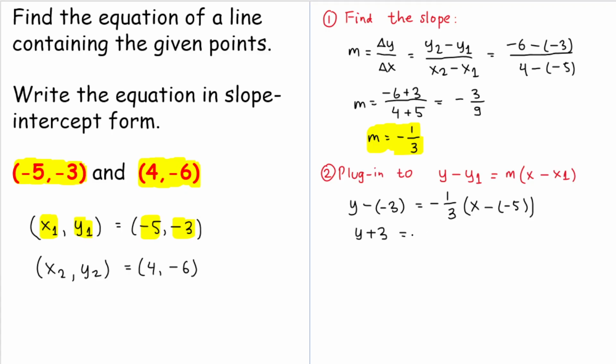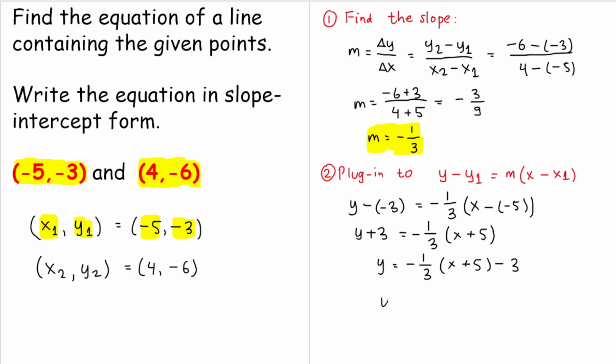And that will equal minus 1 over 3 multiplied by x. Minus and minus becomes plus. And I will have 5. Good. And then we can move this 3 to the right hand side. So we'll have y is equal to minus 1 over 3 times x plus 5, and then minus 3.